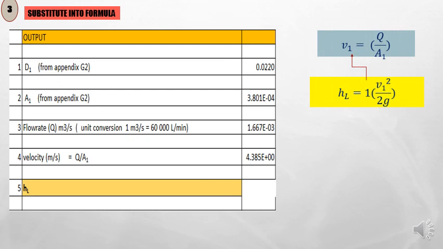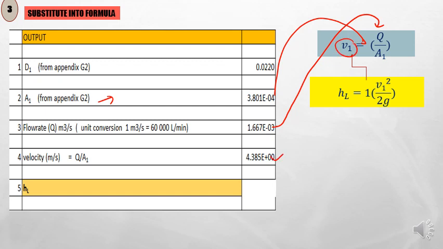So based on the D here, we can also get the A1 from the appendix, so we substitute into here. And finally we can also use this Q, which is already converted into SI unit, and divide by A, so I will get the V1 here.